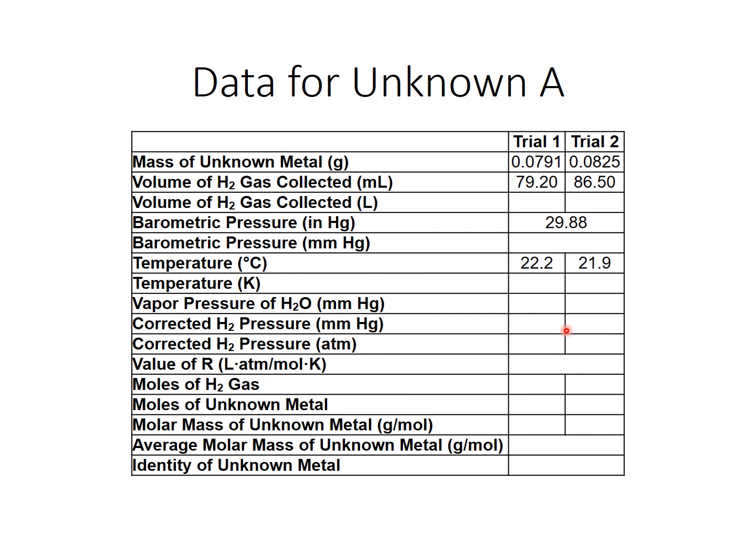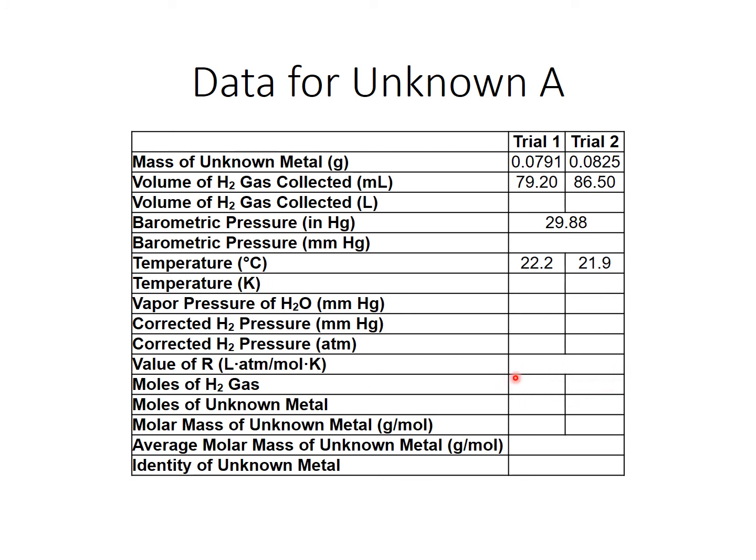We can then get the corrected hydrogen pressure just for the hydrogen gas, which was the pressure total minus the vapor pressure of water. We can correct that to be in the correct units for atmospheres. And then this is our value for our gas constant, which is a constant, so we can just record that value. We can use this ideal gas law now to get the moles of hydrogen gas.